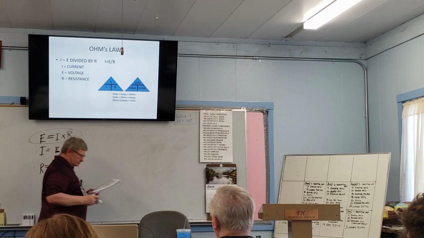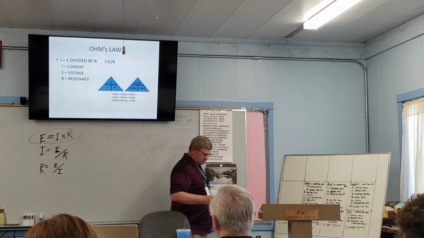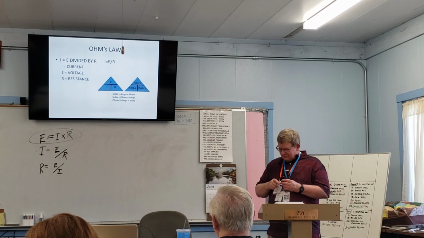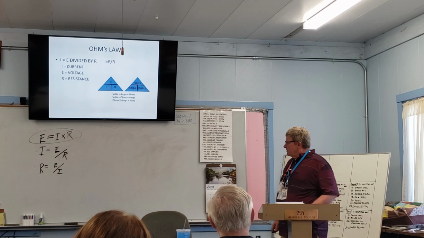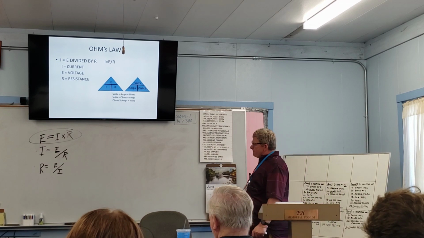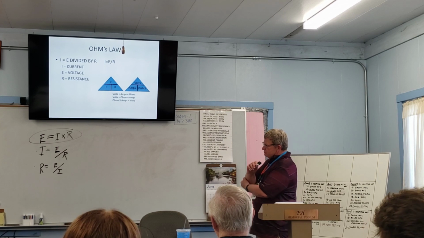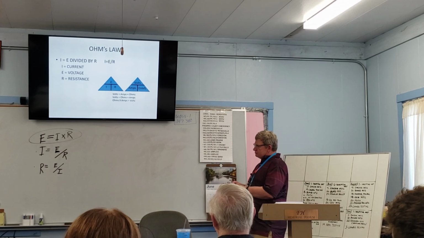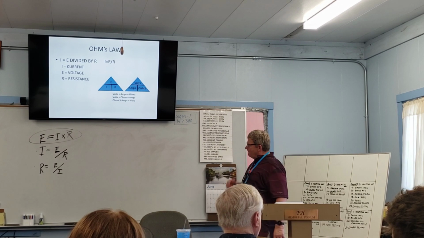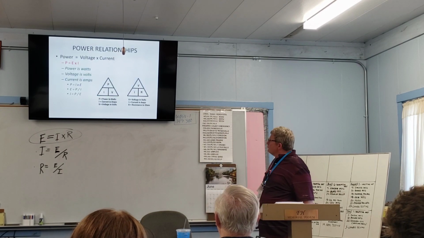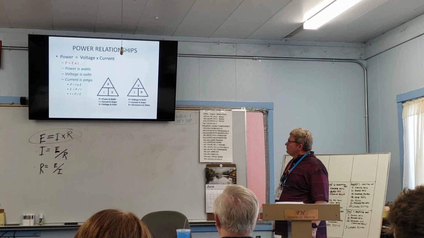Another way, for those that are mathematically challenged or more hands-on: basically if you draw that triangle and then cover up whichever one you're looking for, that'll give you the formula for either one.